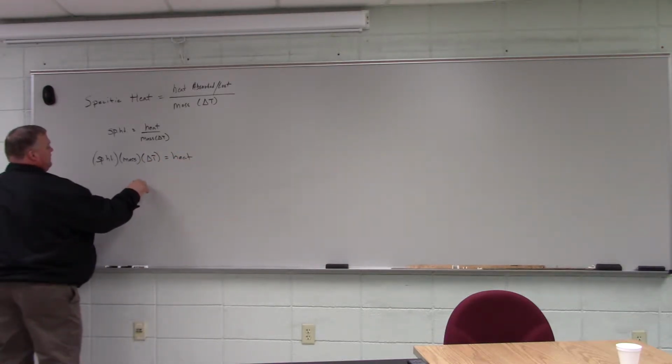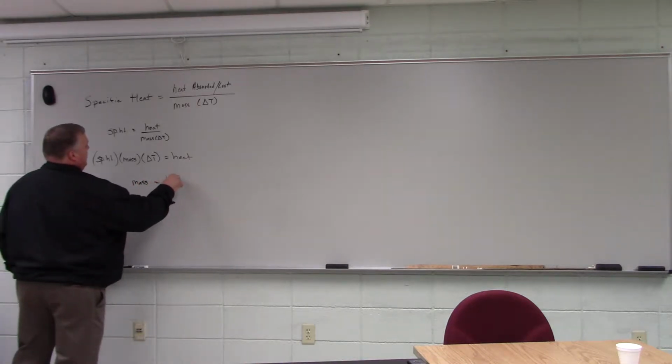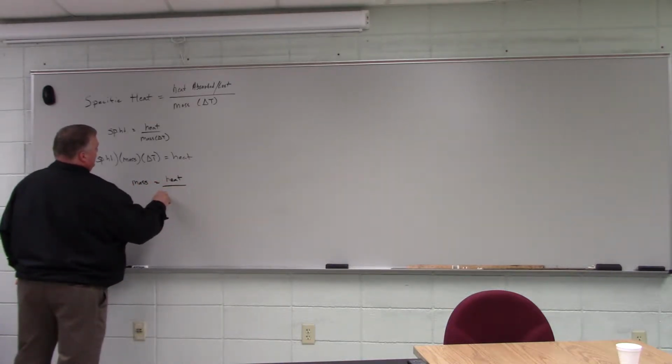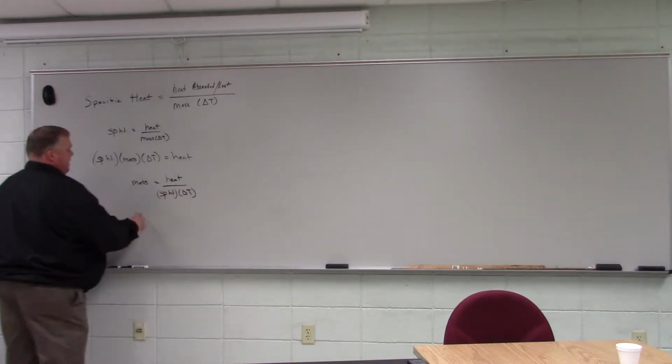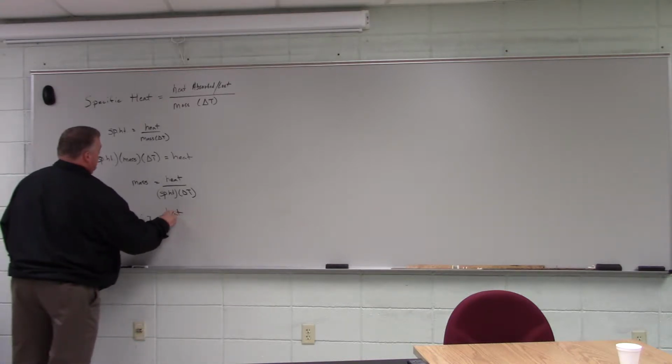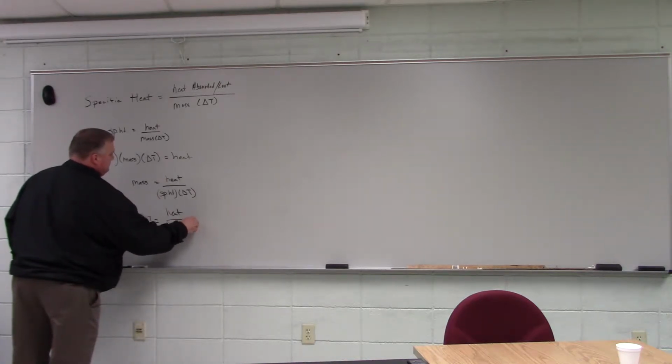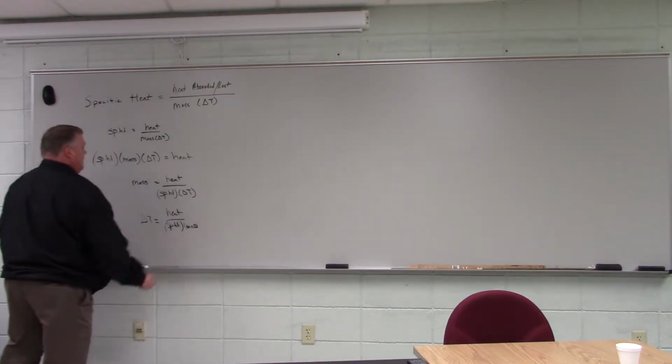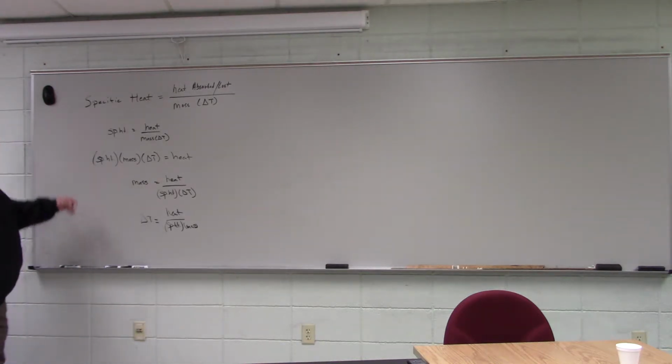Our mass is equal to our heat over the specific heat times the change in temperature. And our change in temperature is equal to the heat over the specific heat times our mass. Okay, so we've got four different arrangements for this mathematical equation.